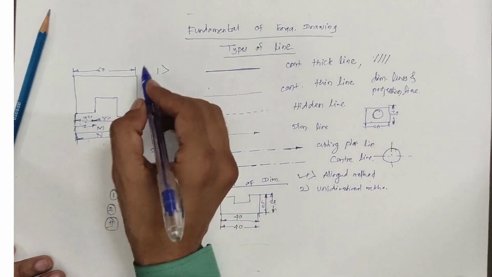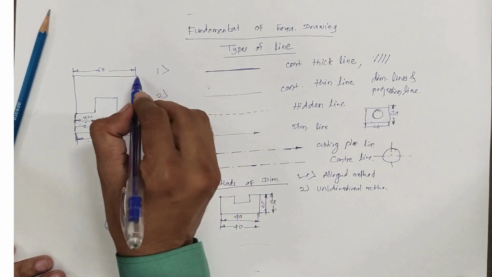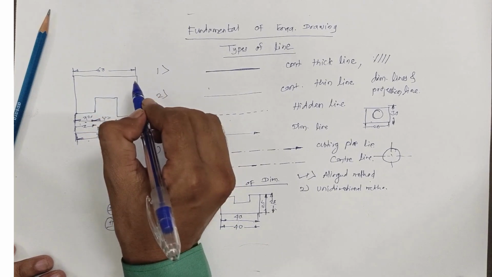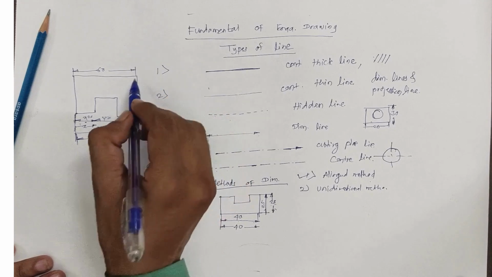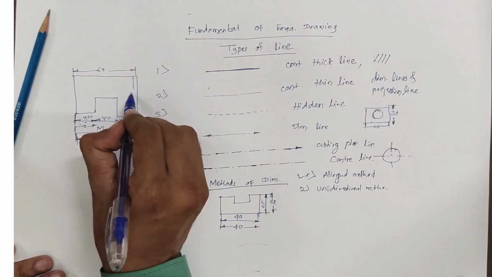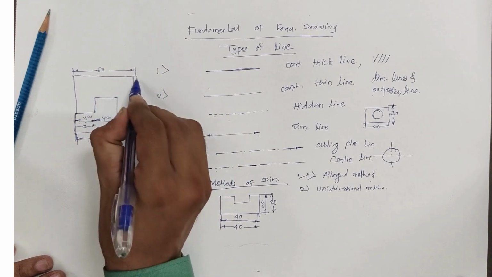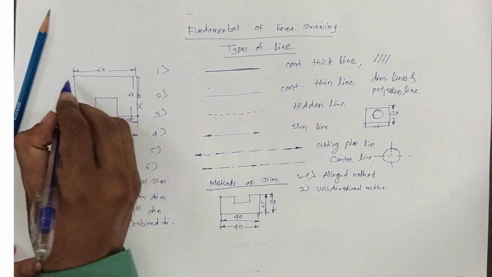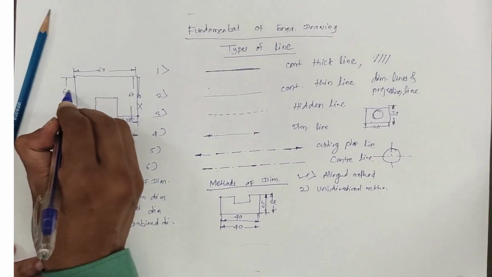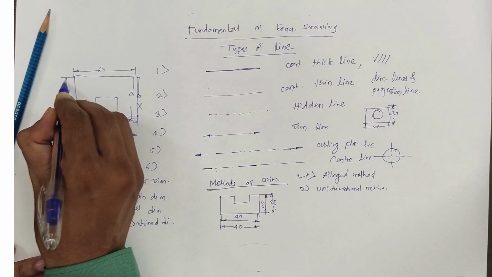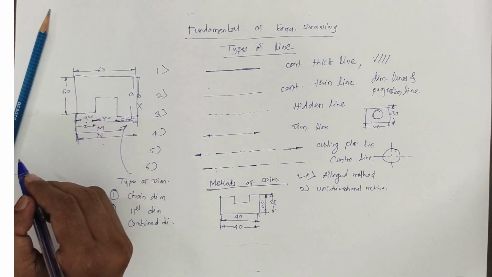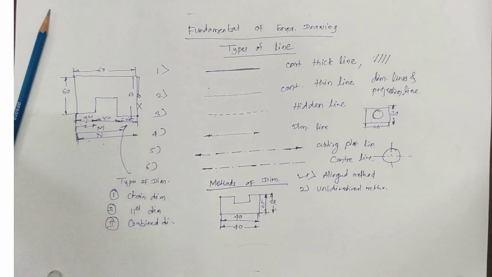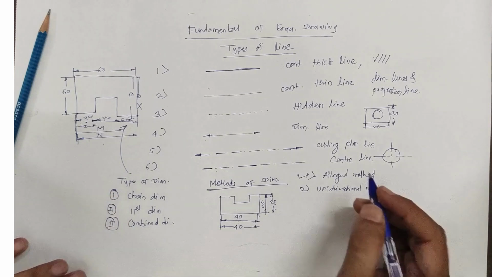And again, dimensions should be 5 to 6 mm away from the main line or the outline. Not over here or very close, that is the wrong method. You have to give it 5 to 6 mm away. So these are the basic rules of dimensioning, the fundamentals of engineering drawing.